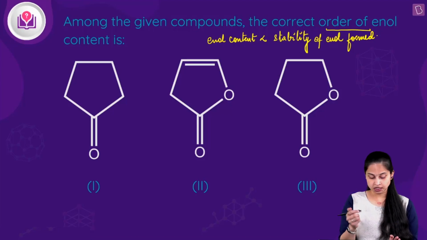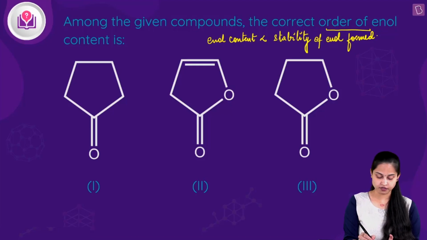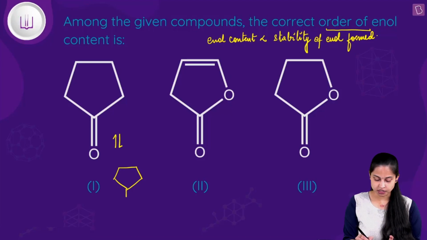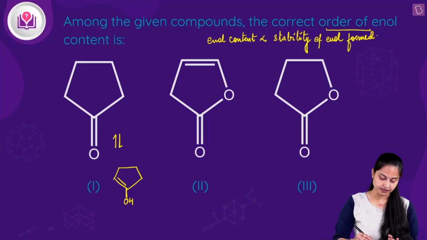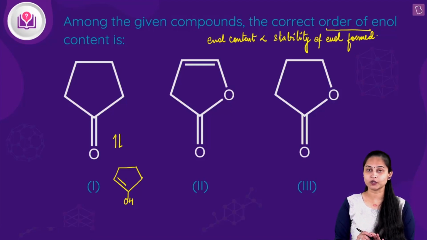Talking about the enol form of the first structure. If I just draw the enol form of the first structure, it's a ketone. Now, in ketoenol tautomerism, what happens basically is that delocalization takes place between the carbonyl group and the alpha hydrogen atom attached at the alpha carbon atom, which is sp3 hybridized, wherein there is an equilibrium established between the keto form and the enol form.